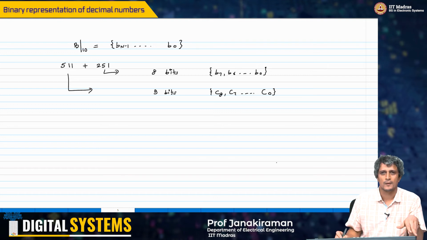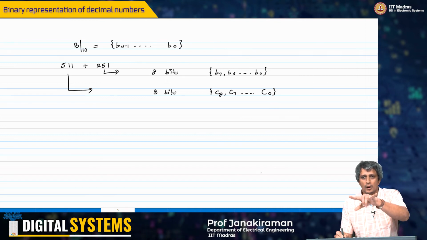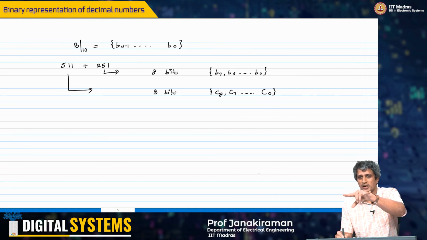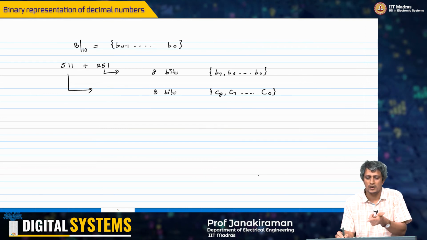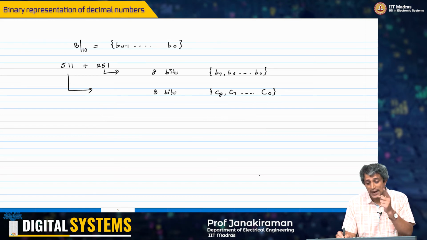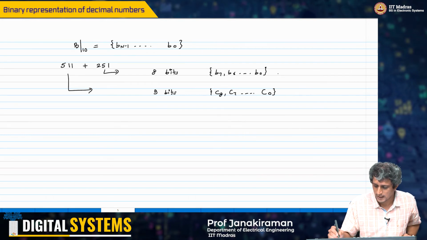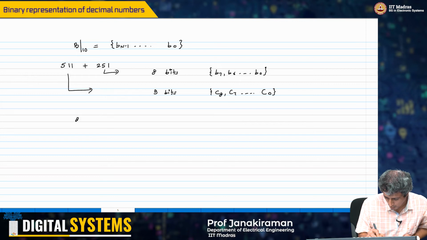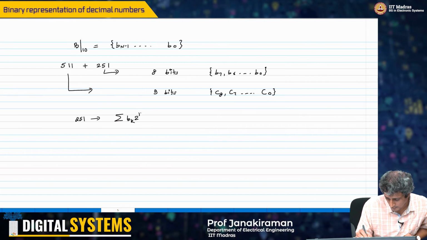So many times you will land up in a situation where you have to represent a lower bit number using higher bits. The opposite is not possible. I cannot represent 511 with 8 bits, but I can represent 251 with 9 bits. And how do you do that? If you look at the representation, 251, I am going to write this as summation of bk into 2 power k, k equal to 0 to 7.